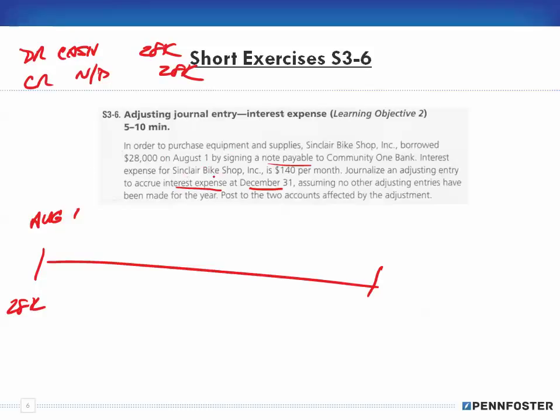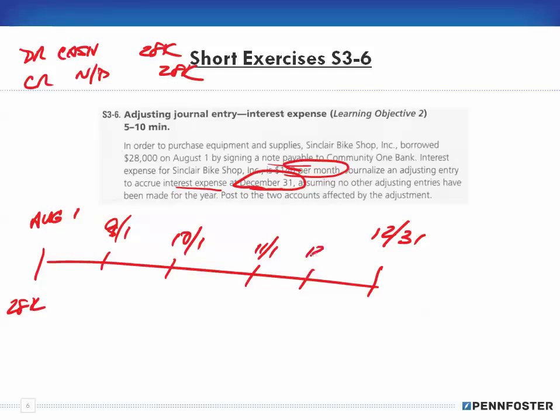So interest expense for Sinclair's Bike Shop Inc. is $140 per month, right? And if it's $140 per month and we're going all the way to December 31st, that's all of August, which is 1, September is 2, October is 3, November is 4, and December is 5.